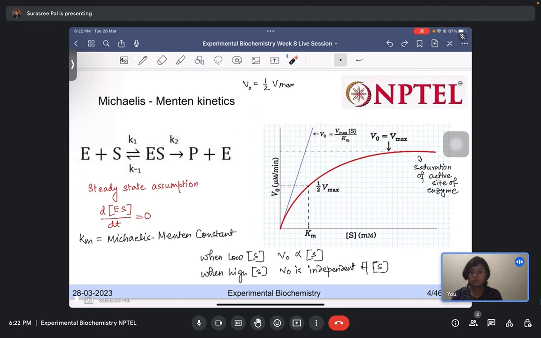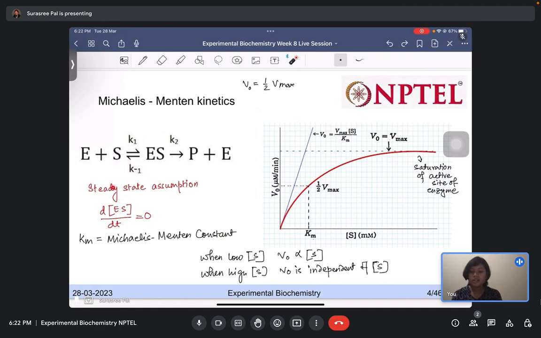Now we can see that there is a reversible arrow here. So the enzyme can combine with the substrate with a rate constant of small k1, and the ES, the enzyme substrate complex, can also break down. That is why it is reversible.